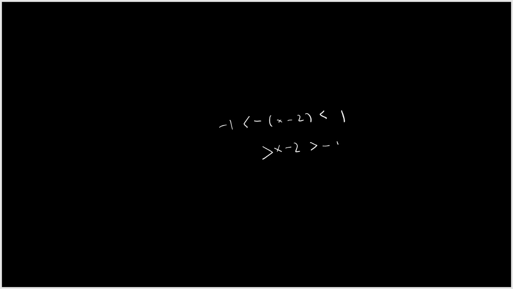Negative 1 times 1, you have negative 1. Negative 1 times that negative 1, you have 1, right? This is the same thing as x minus 2 is greater than, you read from the right-hand side, so from the right to the left.